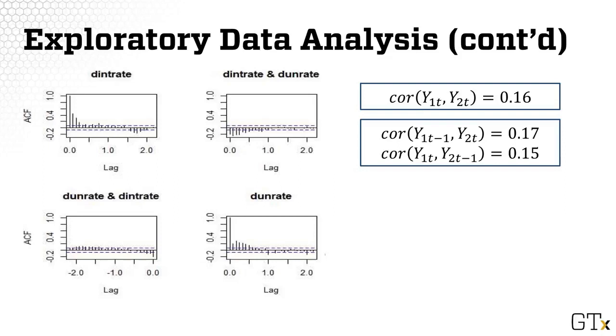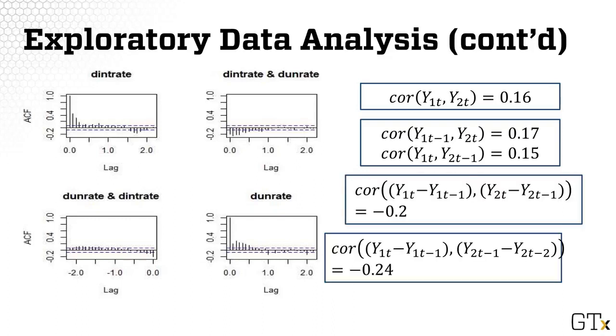However, from the cross-correlation plot in the upper right plot, we see that there may be a lead relationship of the change in unemployment rate versus the change in interest rate, which aligns with the economic theory. We can compare the lead-lag correlation using the two time series and the difference time series. We can see that the cross-correlation increases for the difference time series.